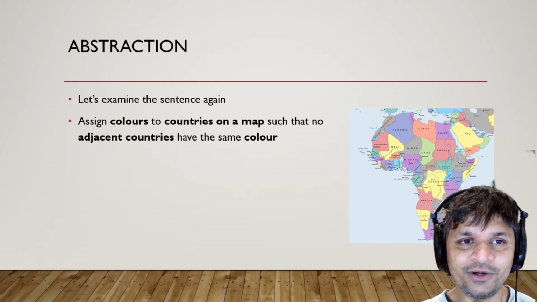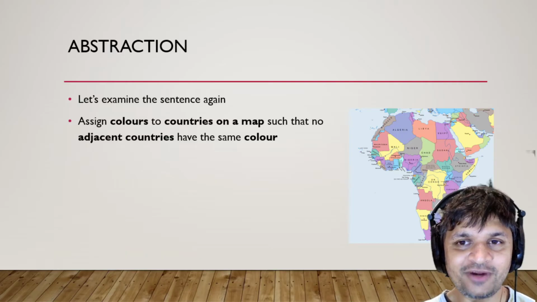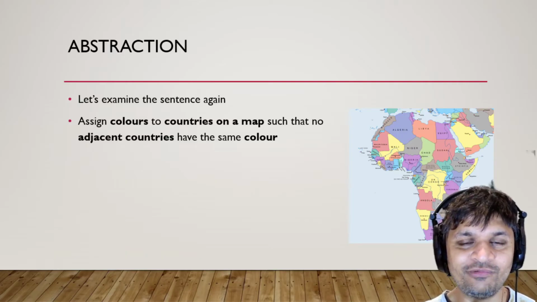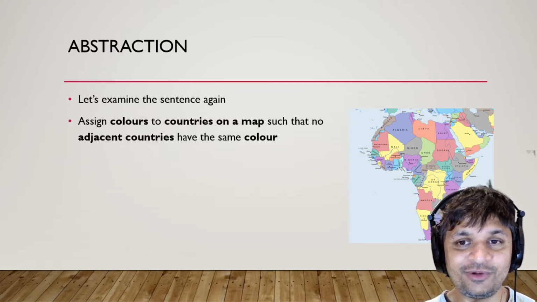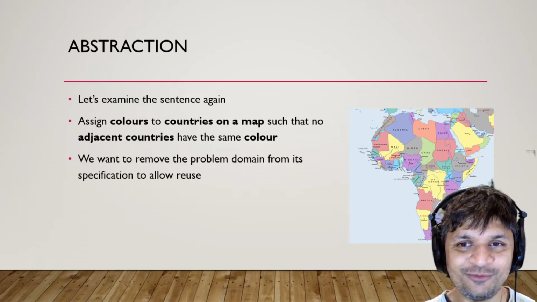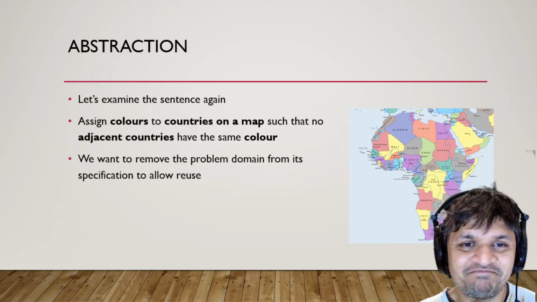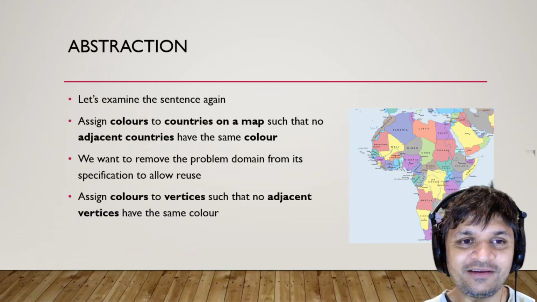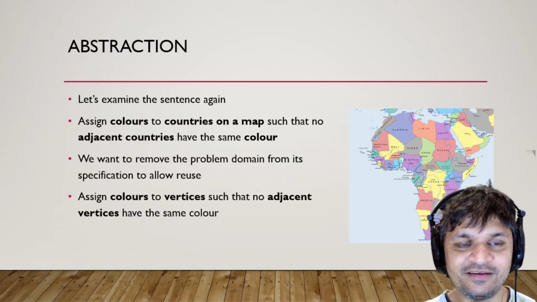How we can make it more interesting is by turning it into an abstract solution, meaning one that can solve lots of different problems, including potentially problems I care about, right? So we can change the problem domain. At the moment, if I'm not interested in maps, then this whole thing is silly. But I can change the domain by changing it to say, assign colors to vertices such that no adjacent vertices have the same color.